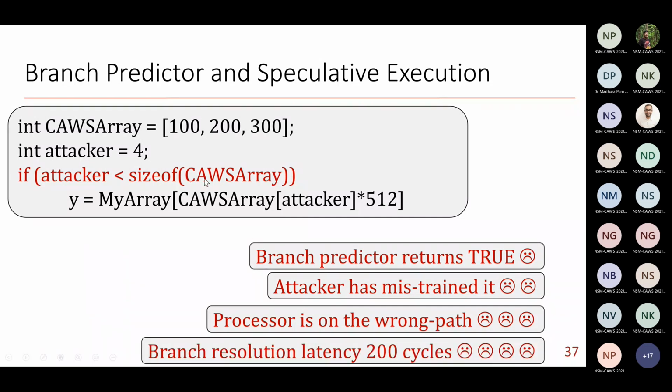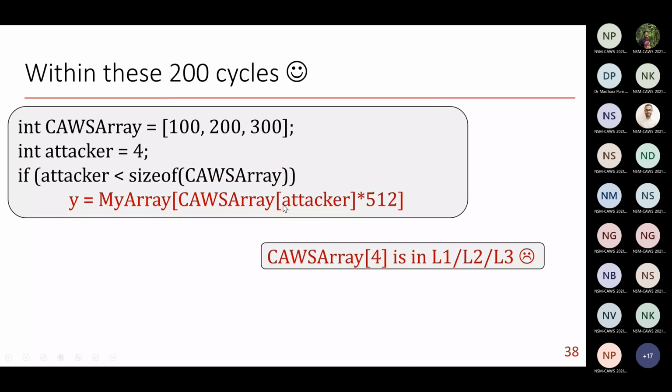But as I have mentioned, this particular array is actually not there in the cache. So accessing anything related to this array will actually go to DRAM. That will be around, let's say, 100 to 200 cycles. And in the meantime, the processor has already retrieved the corresponding data, right? So there is some index here, cause array index 4, right? And it has brought it into the caches.